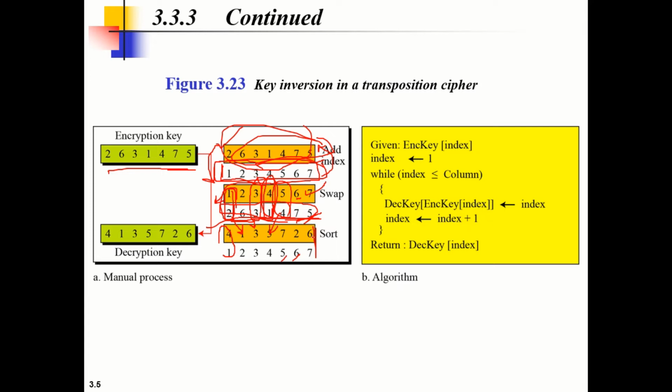So this is the last pair. Okay, so these are the values we'll be using as the permuted key at the decrypting end. So this is how we invert the key in transposition cipher. This process is called key inversion in transposition cipher.